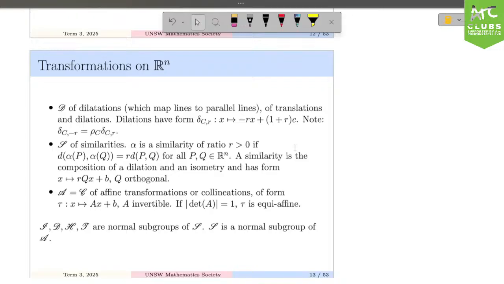That's the stretch. The next thing is that a similarity is the composition of a dilation and an isometry. So it's of the form x maps to rQx plus b, where Q is an orthogonal matrix and r is a positive real number. If you're wondering why r can't be negative, it's because we can simply just have Q be a negative orthogonal matrix.